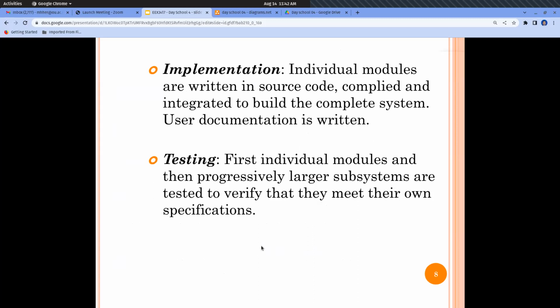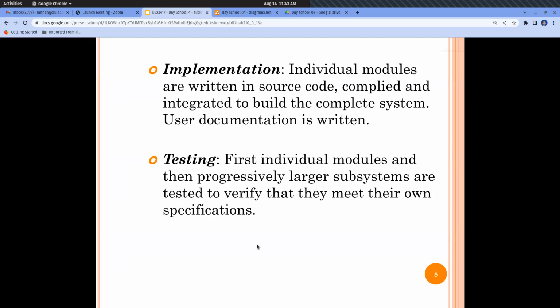Implementation. After the design, the software company should implement the software in the company. Individual modules are written in source code, compiled and integrated to build a complete system.